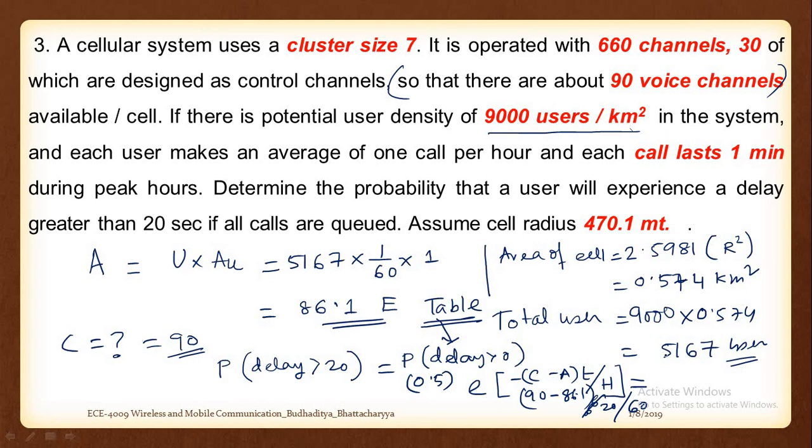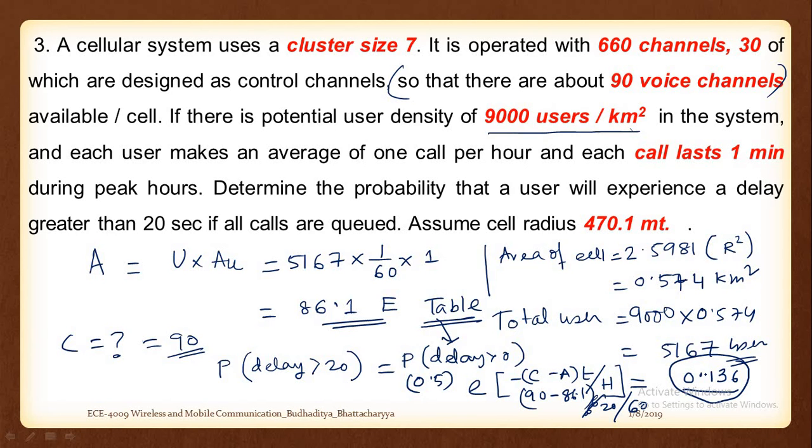So that value, if you compute, it should come around 0.136. If you change it to percentage, it will be around 13.6. So that is the probability of a delayed call which needs to wait, or the user will experience a delay which is greater than 20 seconds.